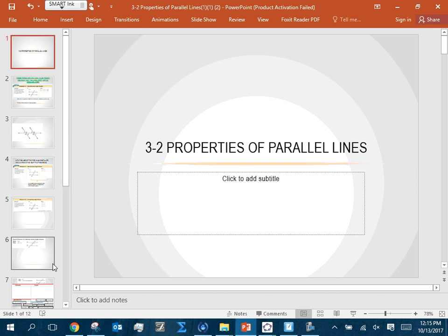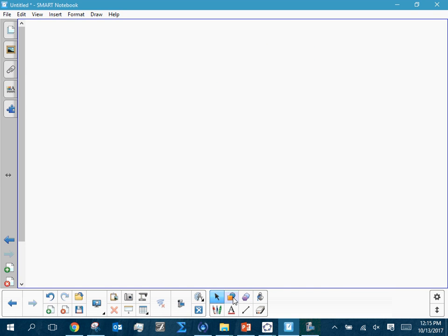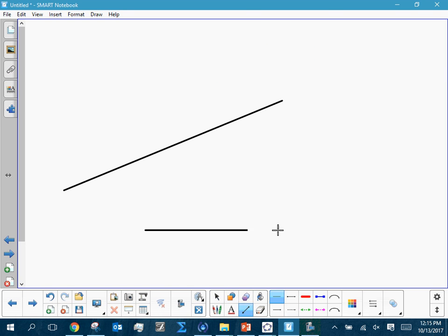What we do today is take the two lines L and M that we talked about yesterday, and our transversal.